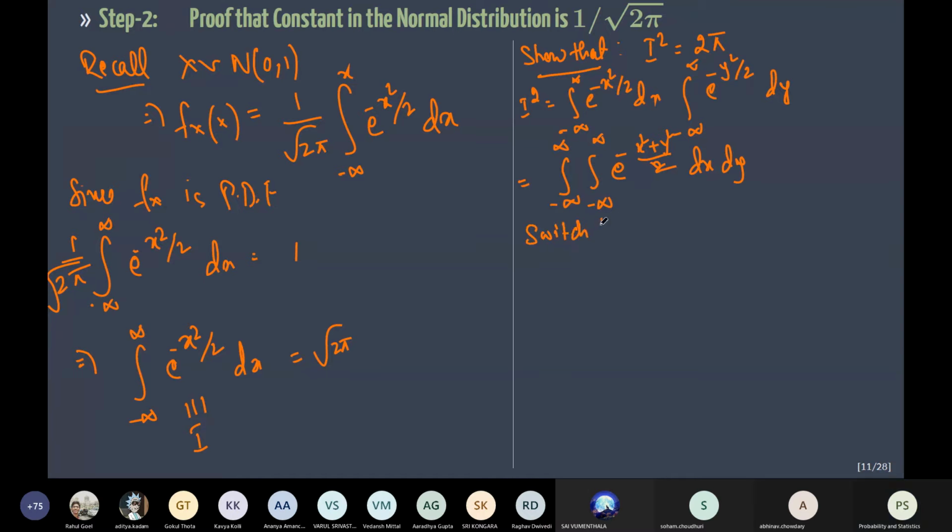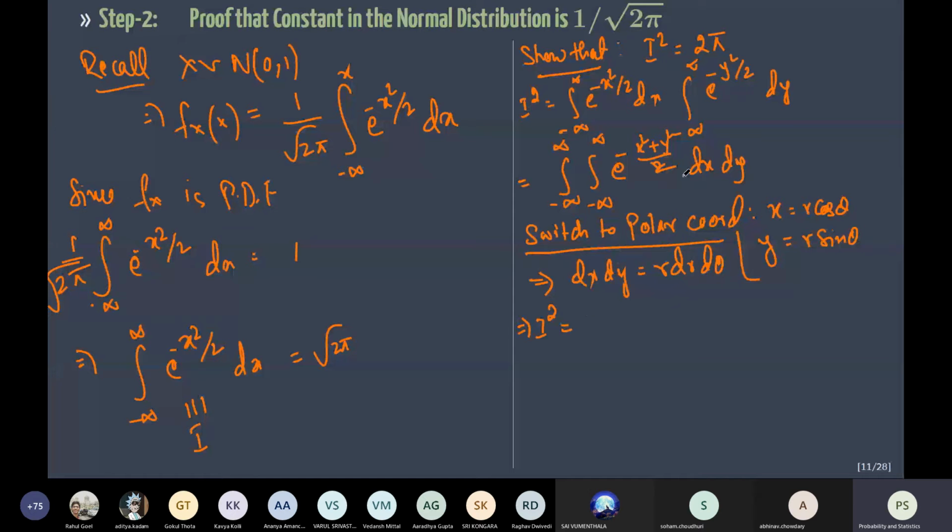So x is equal to r cos theta and y is equal to r sin theta. This implies dx dy, which we just proved, is r dr d theta.